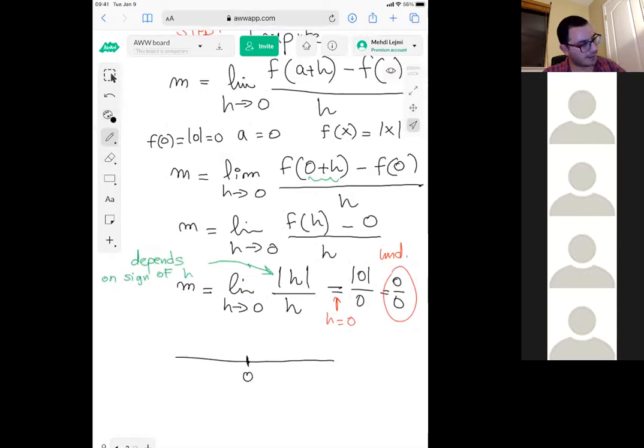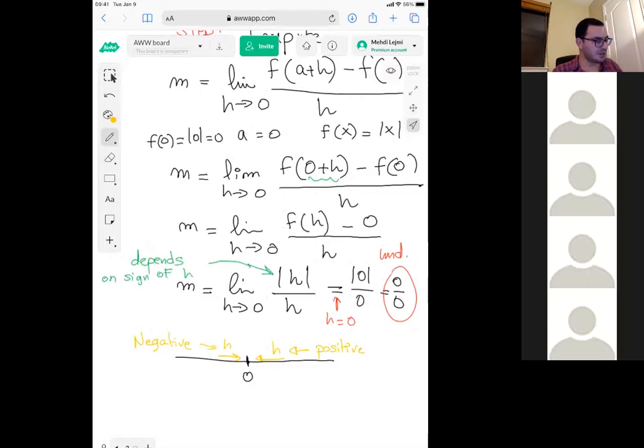There are two different ways to approach 0. h could approach 0 from the left or from the right. And it makes a huge difference, because if h approaches 0 from the right, then h would be positive, because it's on the right side of 0. But if h approaches 0 from the left, then it would be negative.